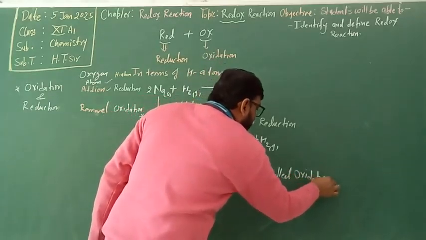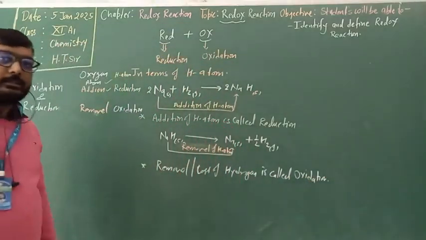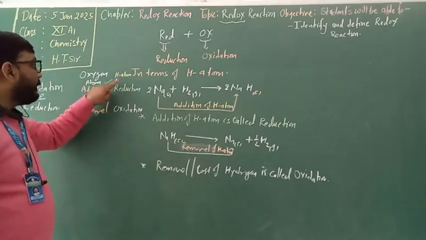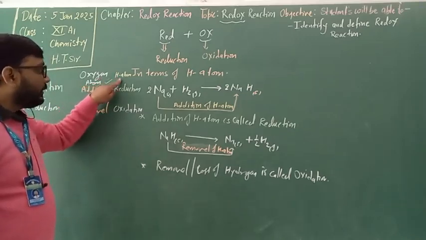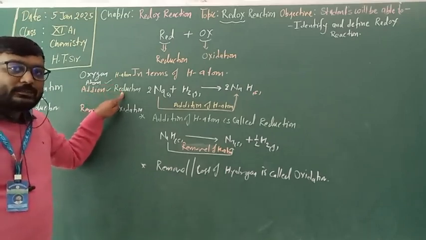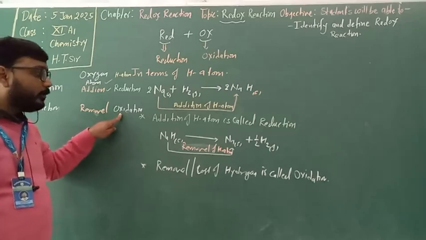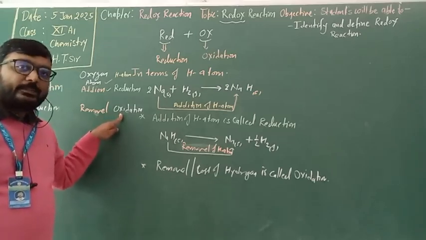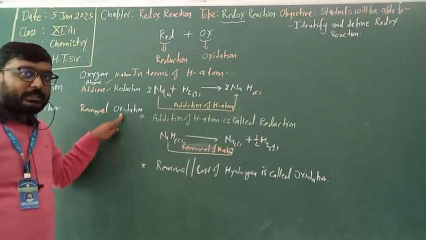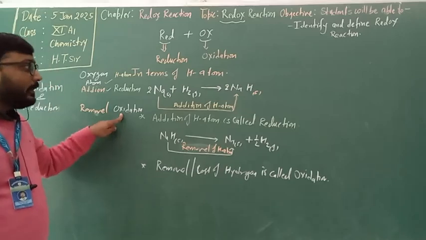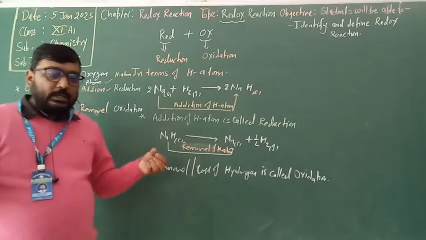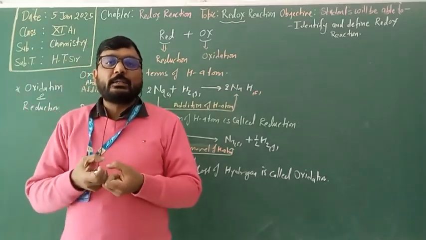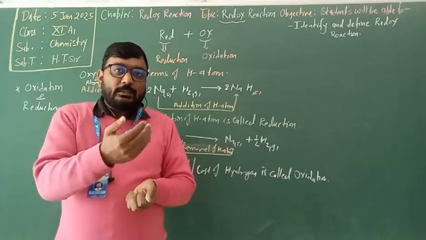So here we can conclude that if hydrogen gets added, then that process is known as reduction, and if hydrogen is removed, that process is known as oxidation. Is it clear?